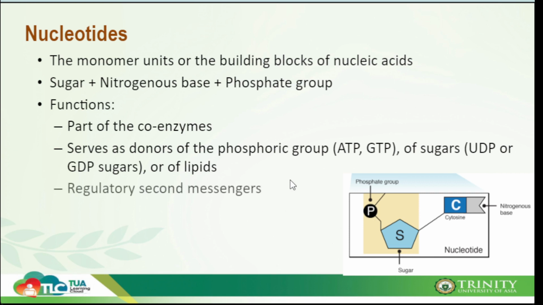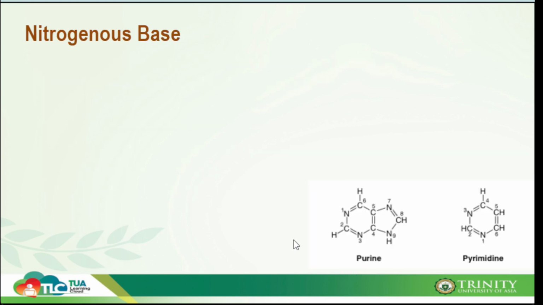Aside from this, your nucleotides also function as regulatory second messengers, which is important in hormone activation, and also in chemotherapy and immune suppression. So this structure here, this union of the phosphate, the sugar, and the nitrogenous base, on its own already has several functions.